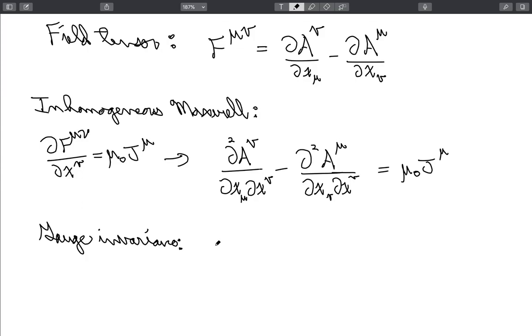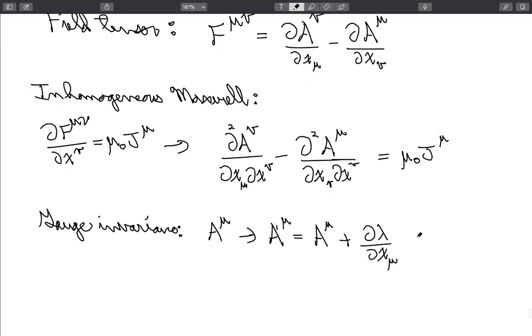The gauge invariance here means that we would change the A mu into an A prime mu, which would be equal to A mu plus a simple derivative of a scalar function. And this thing leaves F invariant.